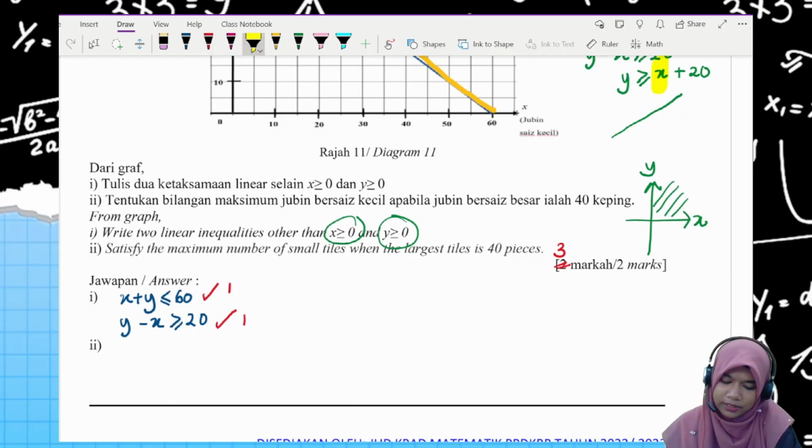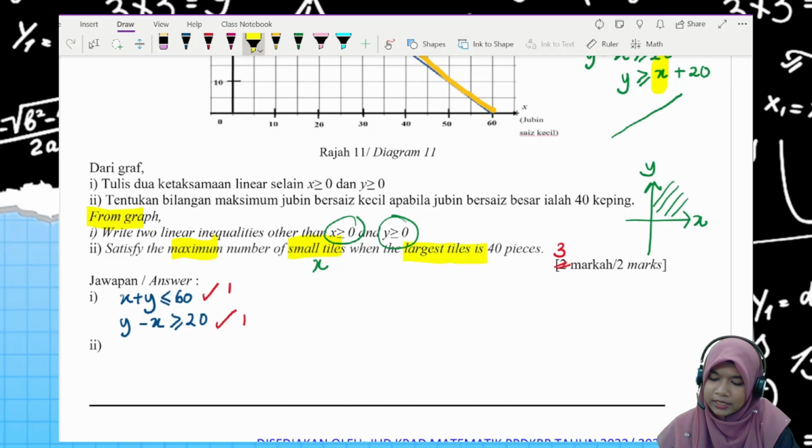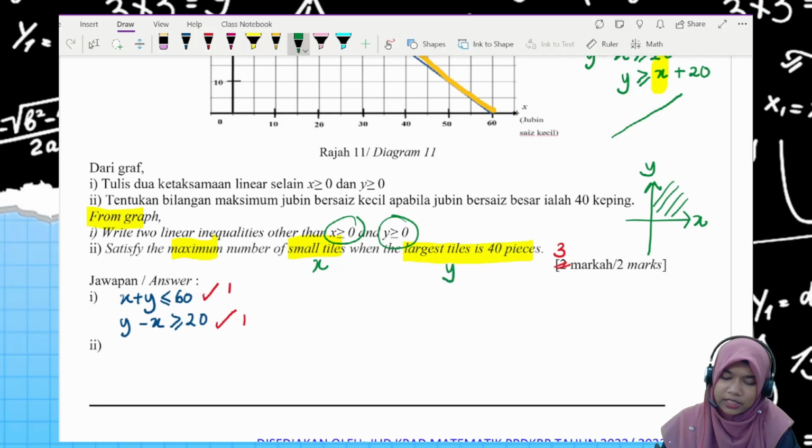Read carefully. You have to base it on the graph because it mentions from the graph: satisfy the maximum number of small tiles. The small tile is x. When the largest tile is 40 pieces, that means y equals 40.